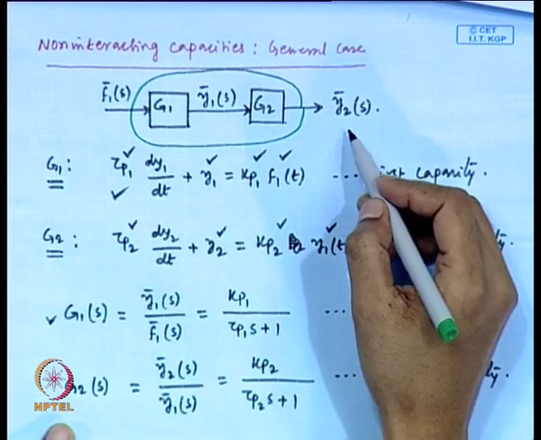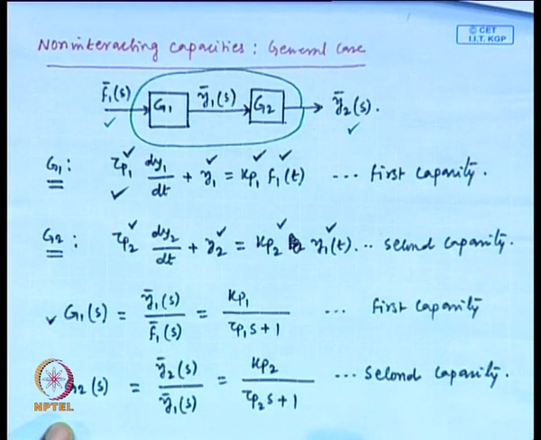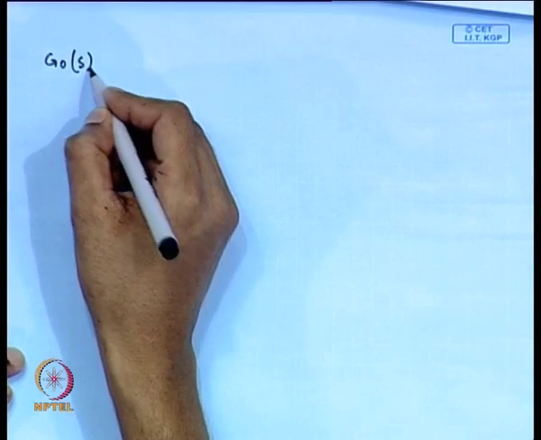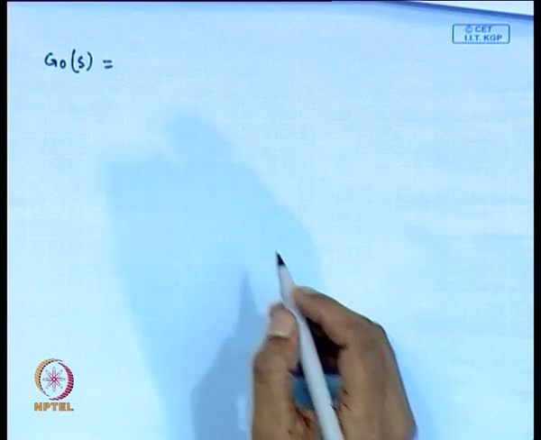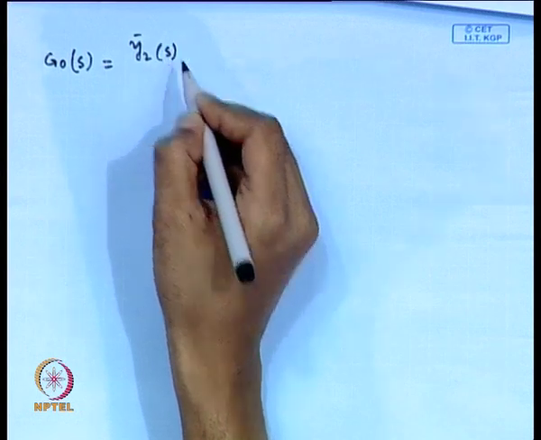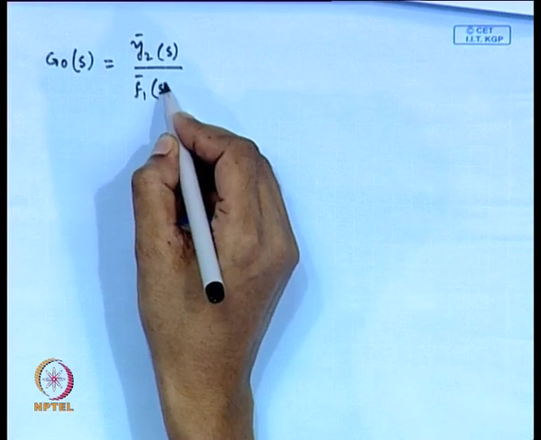That will be y 2 bar s divided by f 1 bar s, is not it? The overall transfer function will be, if we represent by z naught s, z naught s equals y 2 bar s divided by f 1 bar s.